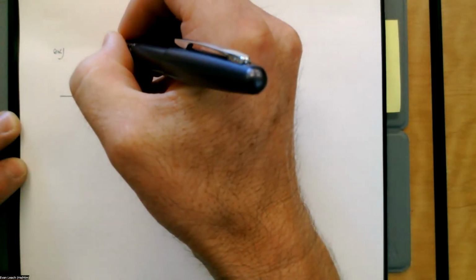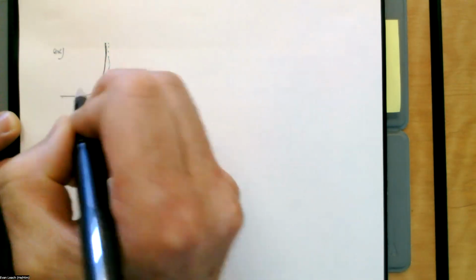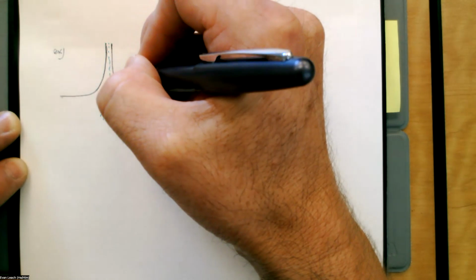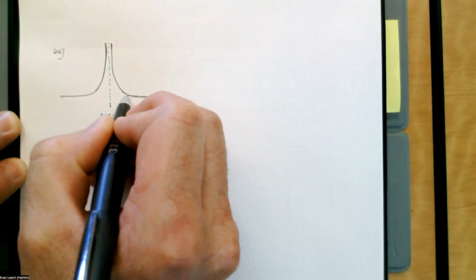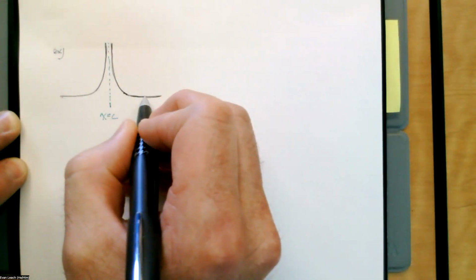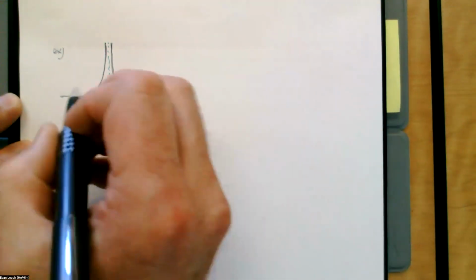So in this case, I'm just going to do a 1 over x squared type of deal. I can never draw these symmetric, but let's pretend. So in this case, the limit doesn't exist.